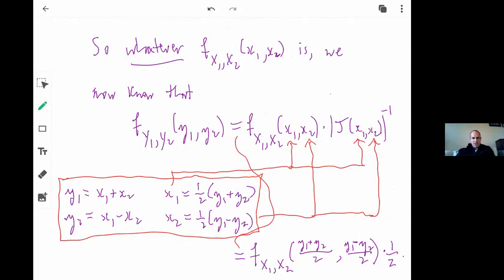We get this. We get that the new joint density for y1 and y2 as variables is given by this.